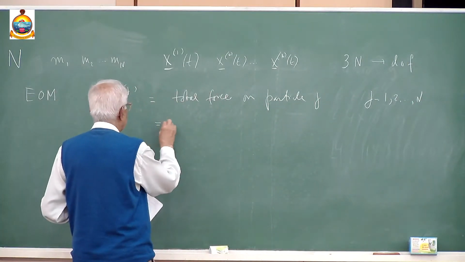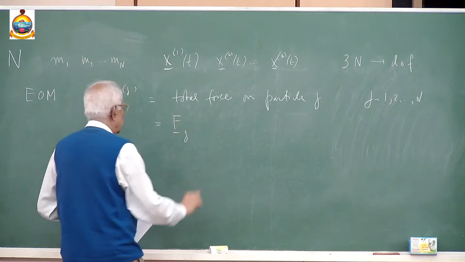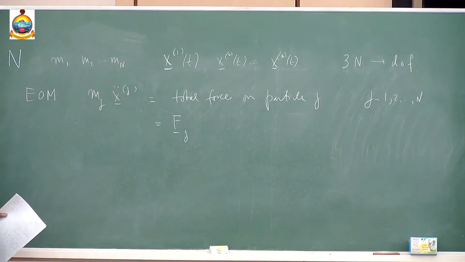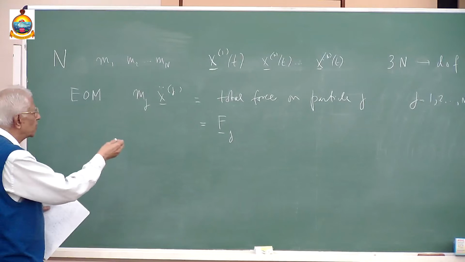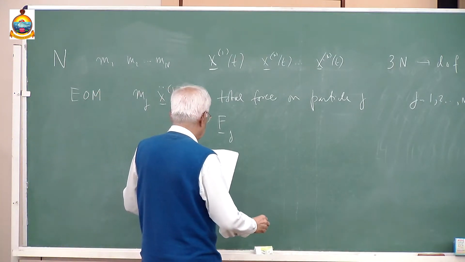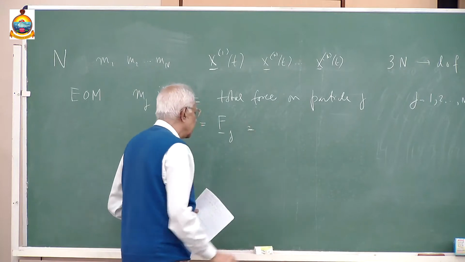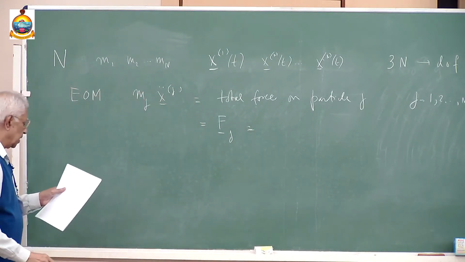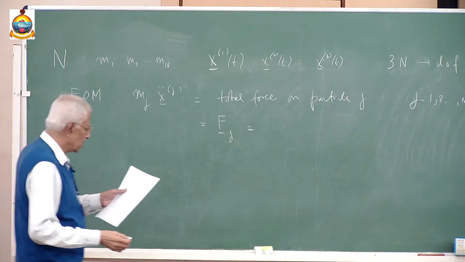So this is written as a three-dimensional vector, capital F for force, and j is the particle number. And this we have to imagine as being made up of two parts.